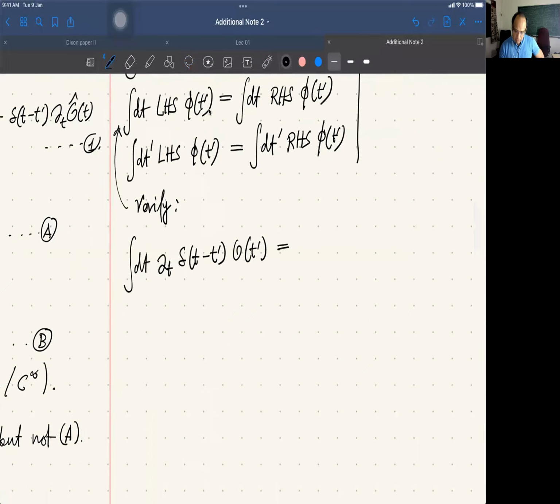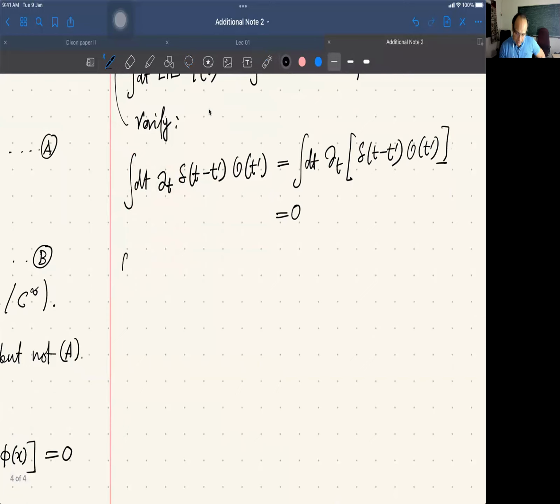This time derivative is a total time derivative, because it acts on this time, but all the other dependencies are on t prime. So it's a total time derivative, and therefore after integration it will take you to the boundaries, and at the boundary the delta function will not have its support, so this must be 0. So it is integral del t of delta t minus t prime O t prime, and it is 0.